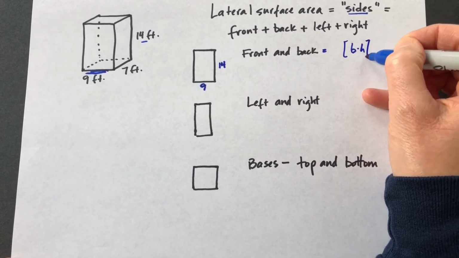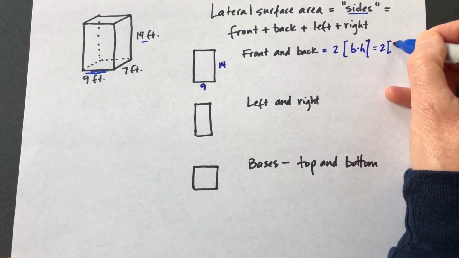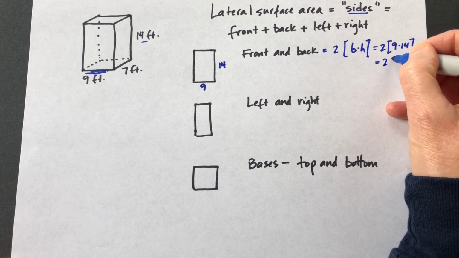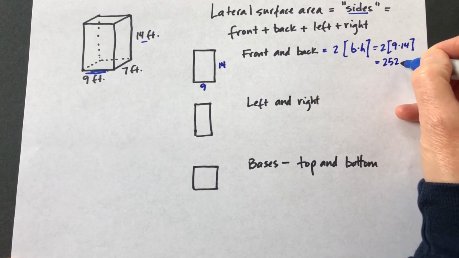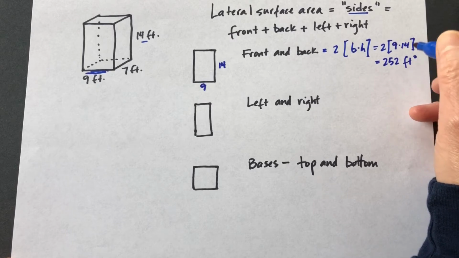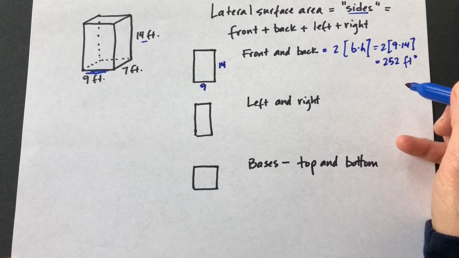And then just remember, we've got 2. There's a front and a back. So if we have a base of 9 and a height of 14, we're going to have an area of 252 square feet. Remember, we're going to have square units anytime we're calculating area.